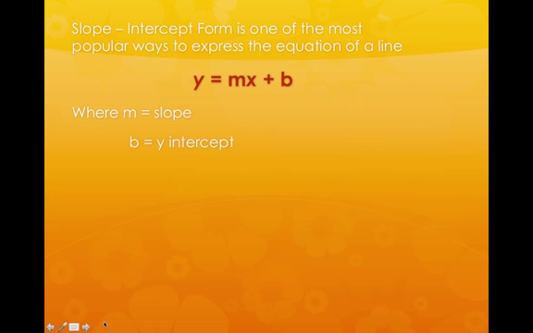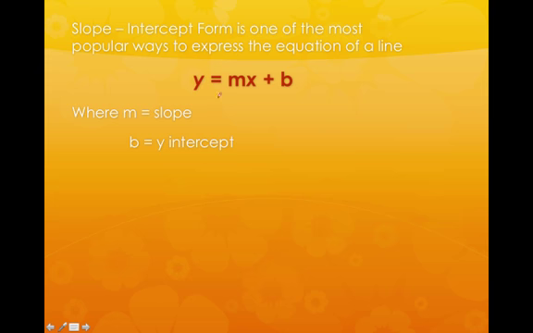Okay, so slope-intercept form. This is probably the most popular way to express the equation of a line, and we're going to see this all the time. y equals mx plus b. m is the slope, b is our y-intercept, and we saw that before when we did the Hitting the Slopes, that we could cover up mx to see where the intercept was.